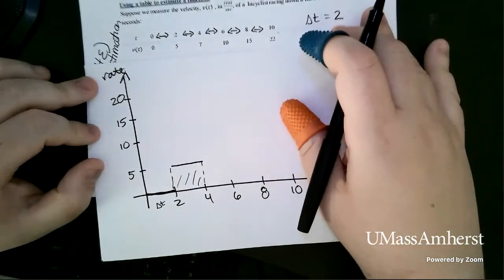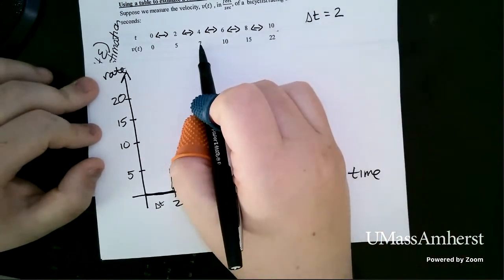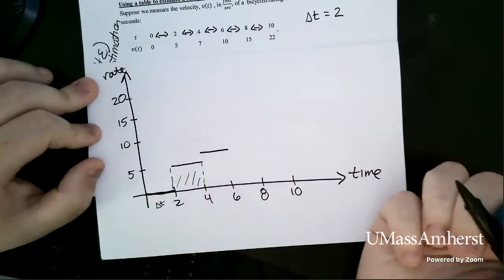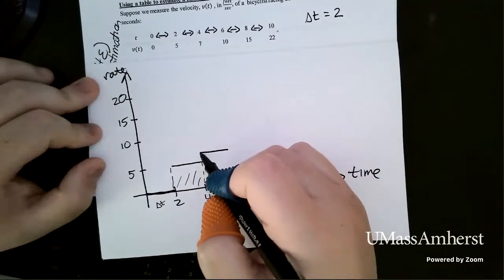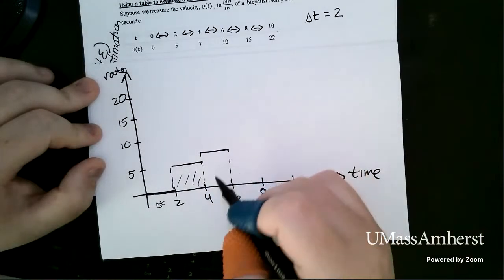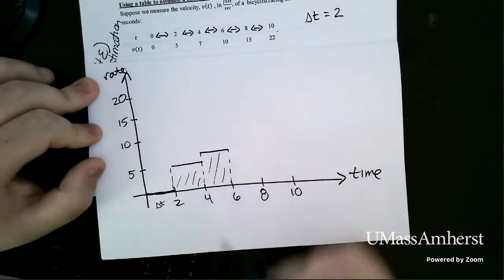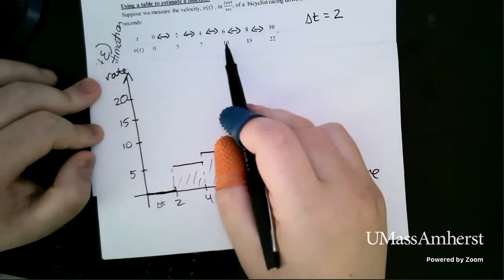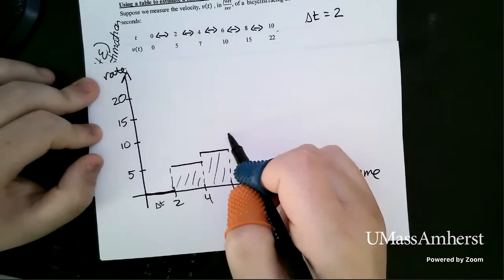Okay, so from time 4 to time 6, we're picking the rate on the left, which is 7. So again, we're assuming a constant rate during that time interval, and that constant rate allows us to generate an area that is given by a rectangle. From time 6 to time 8, we pick the one on the left, which is 10.